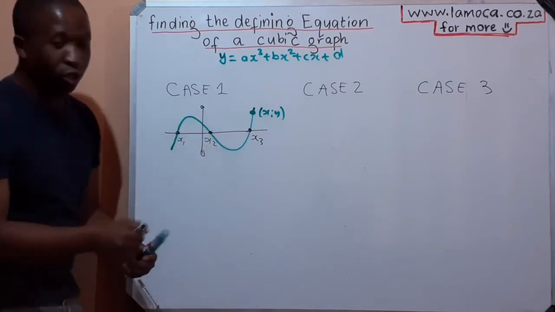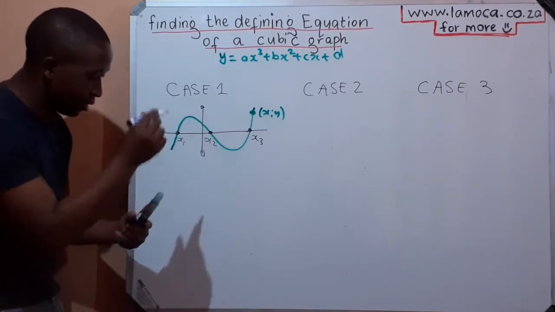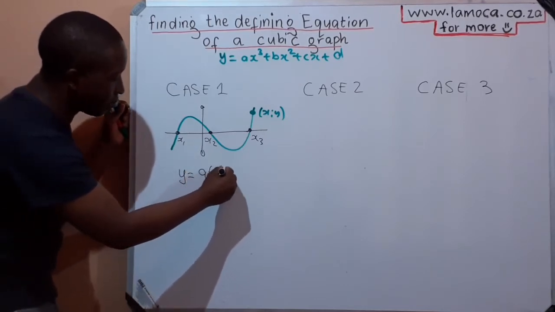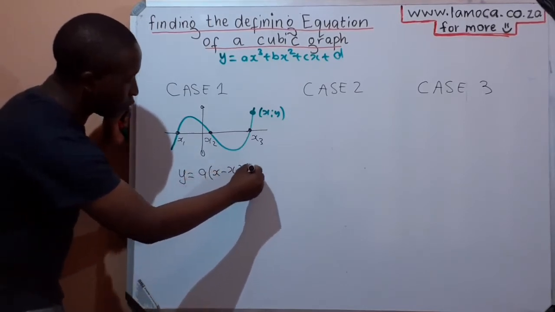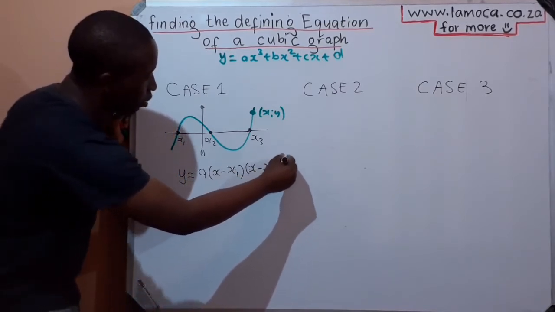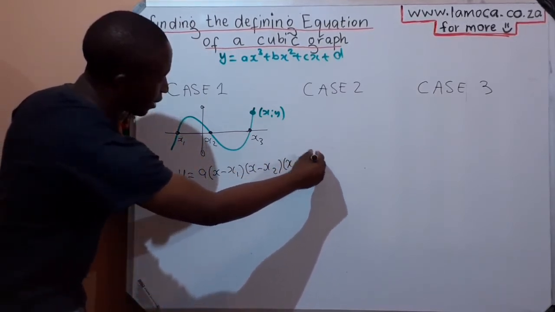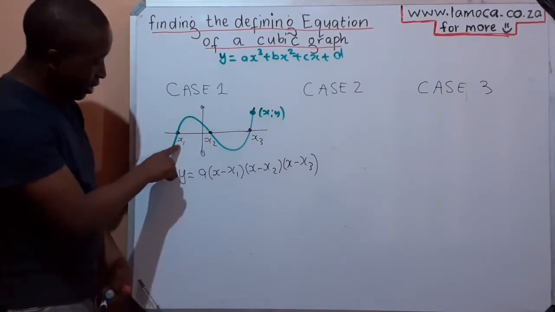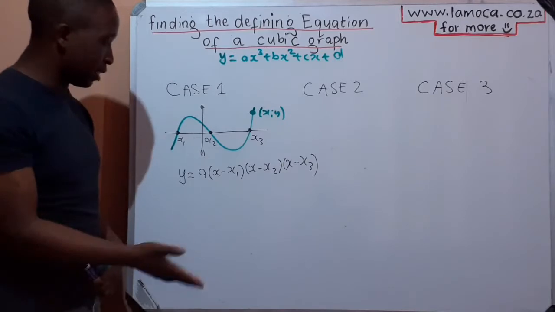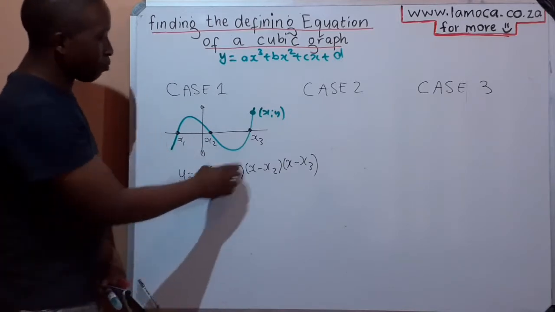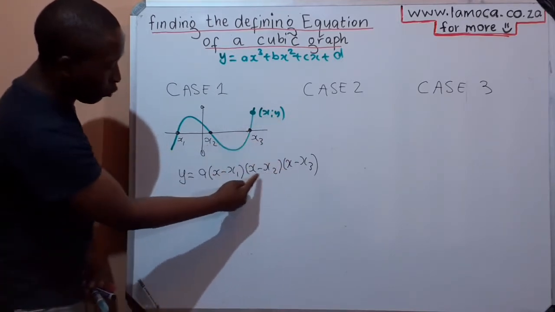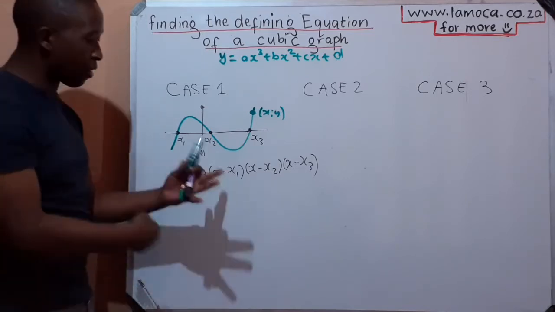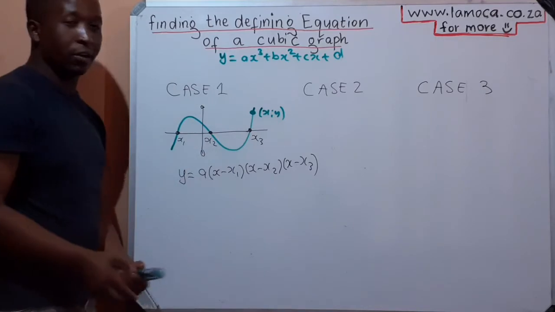Right, so what you will do is you'll just say y is a into x minus x1 into x minus x2 into x minus x3, where your x1, x2, and x3 will be these x values that the graph is simply cutting through. And then the x and the y is what you will substitute in order to figure out what your a value is, and then from simplification you'll end up with the equation.